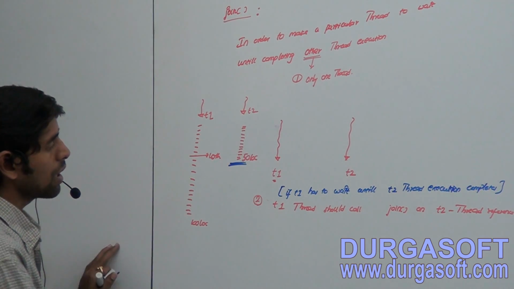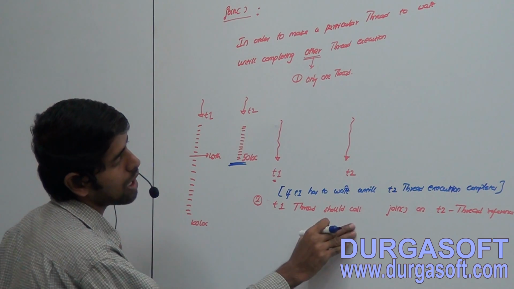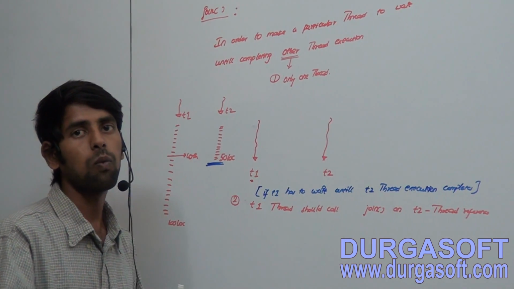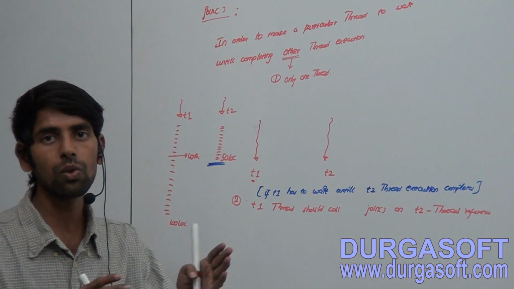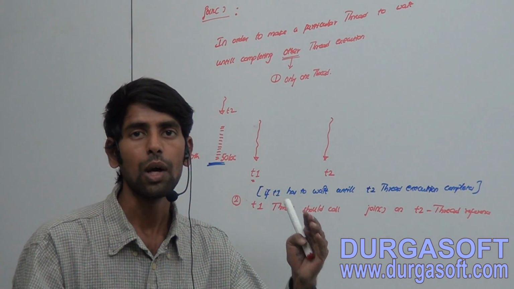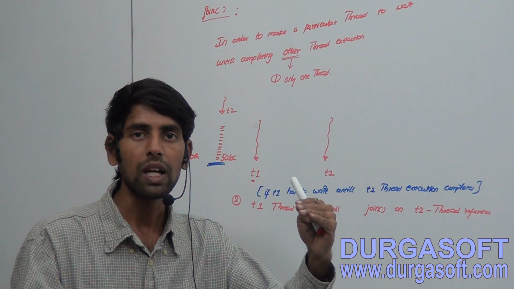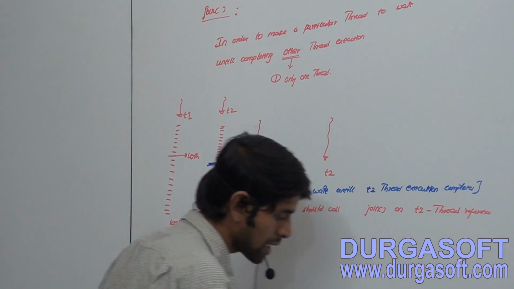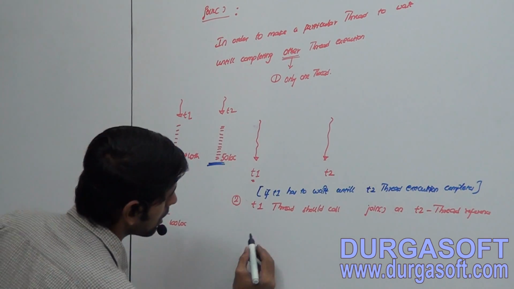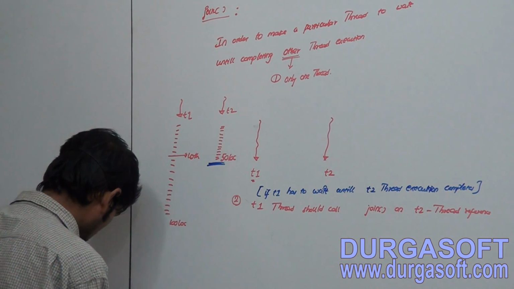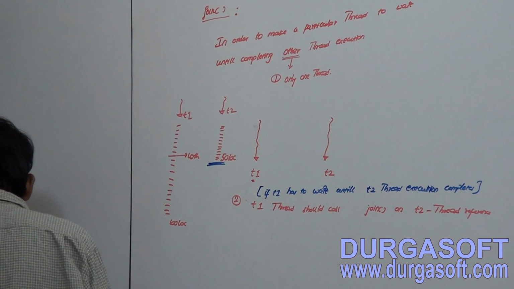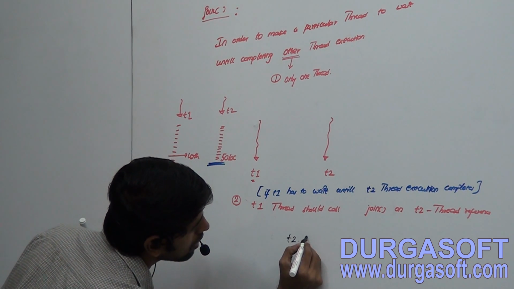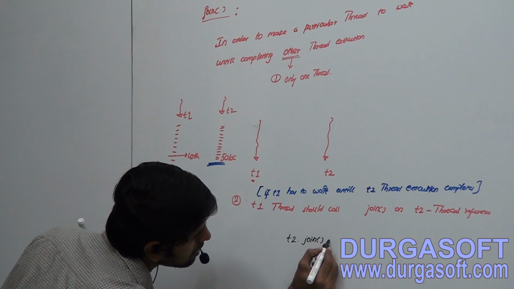Now what you have to do? T1 thread should call the join method on the T2 thread reference. How to call this one? Wherever the piece of code is going to get executed by the T1 thread, within that piece of instructions you have to put this statement. What is that statement? T2.join, that's it.